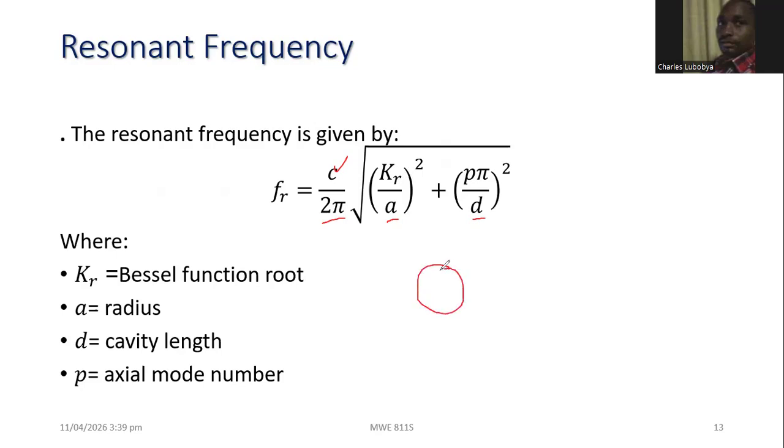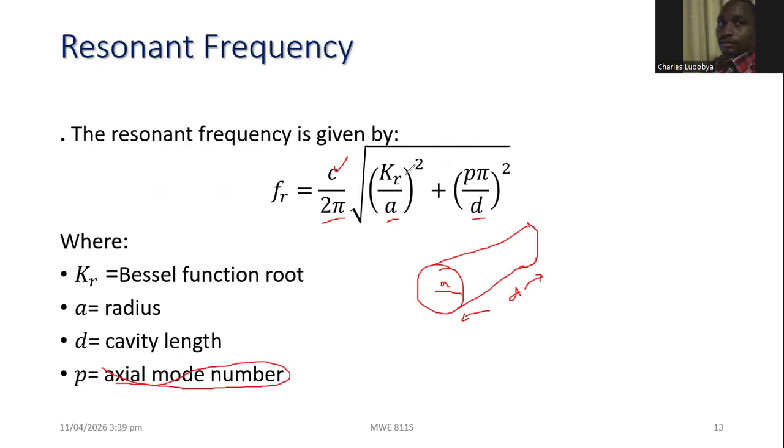So if A is this radius, and you've cut it somewhere there, then D is the distance from that center up to where the cavity resonator ends. And then P is essentially the axial mode number. That can be 1, 0, or any other number, depending on the mode of operation of the circular cavity. So take note of this relationship for calculating.